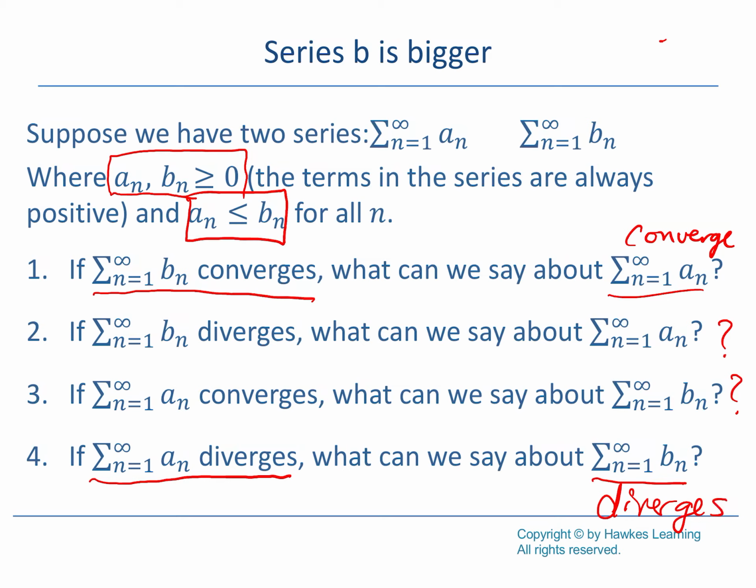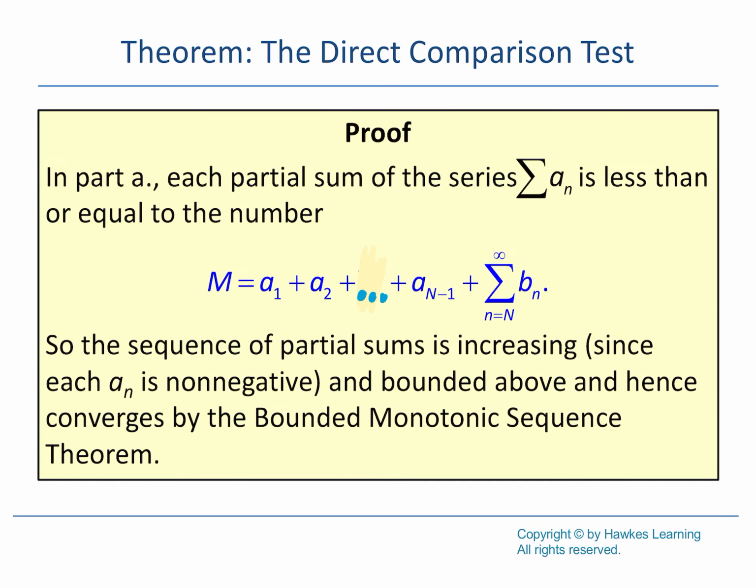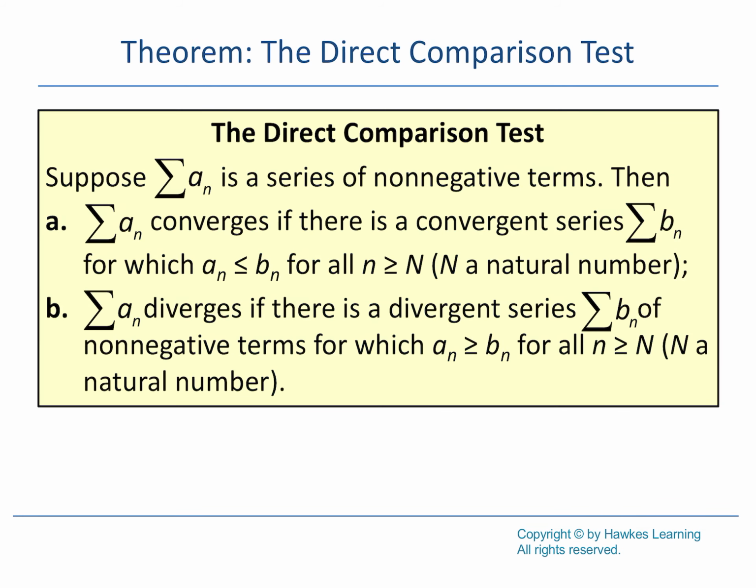So yeah, two of those cases were actually relevant, and that forms the basis of the direct comparison test. Just in summary, if you have a big series that converges, the b_n is the big one, if that one converges, then the small one does too.